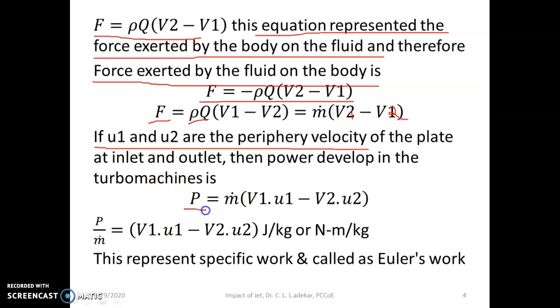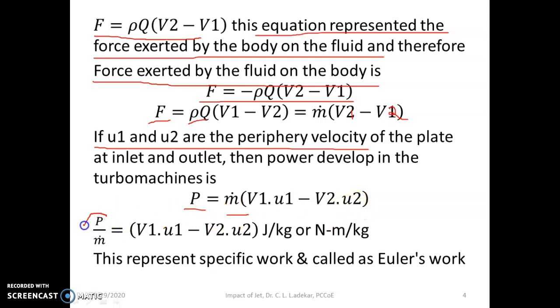The power which will be developed when the water flows from inside to outside with the periphery velocities u1 and u2, you can write power is equal to mass flow rate into (v1 u1 minus v2 u2).